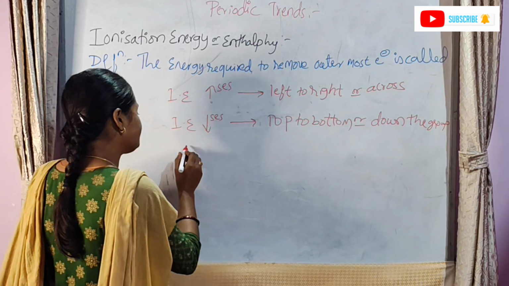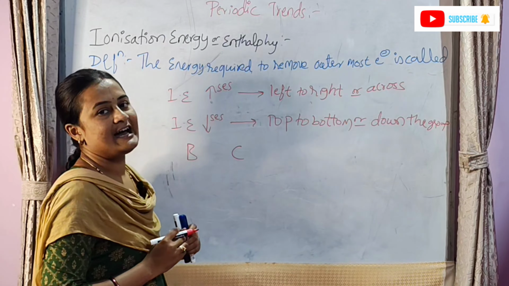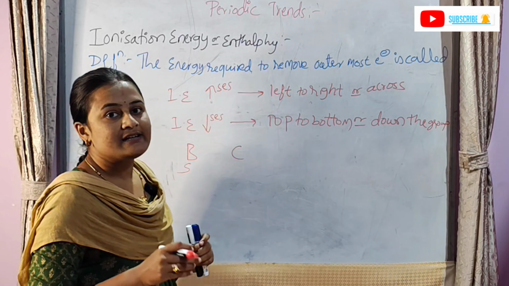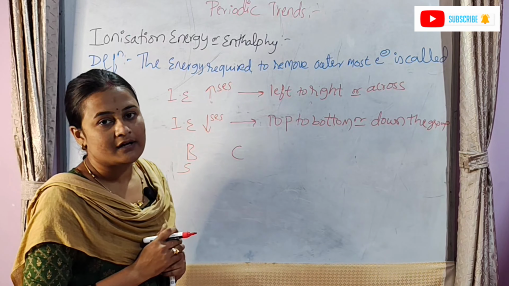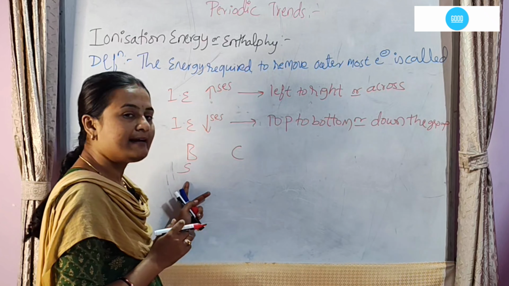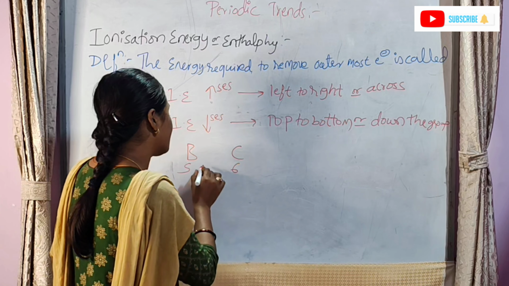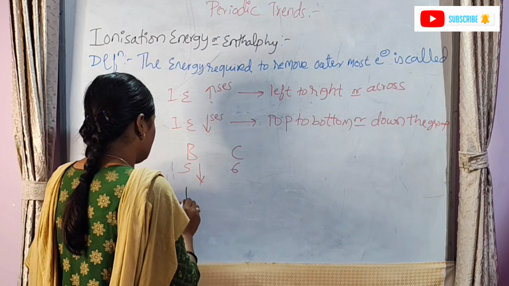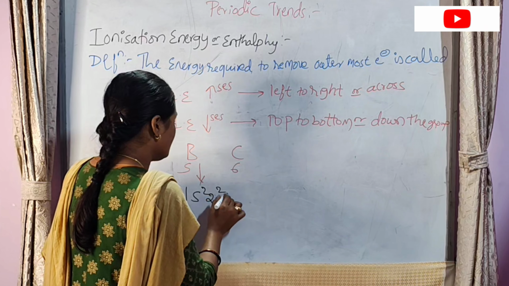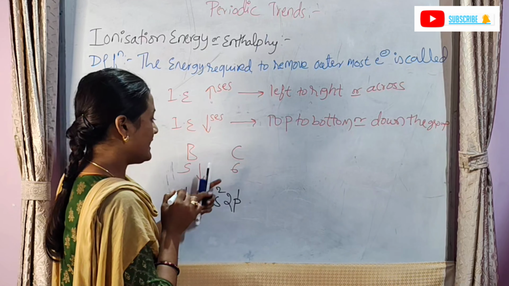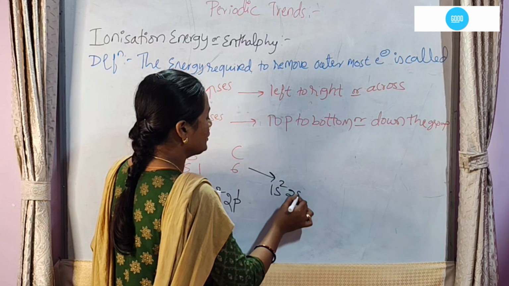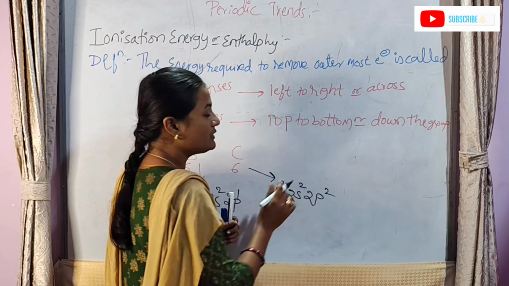See here, for example, boron and carbon. If you want to calculate the ionization energy, you must know how to write the electronic configuration. Boron has atomic number 5 and carbon has atomic number 6. The electronic configuration of boron is 1s2, 2s2, 2p1. Carbon, with atomic number 6, is 1s2, 2s2, 2p2.